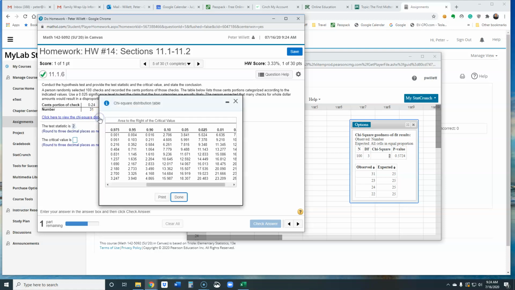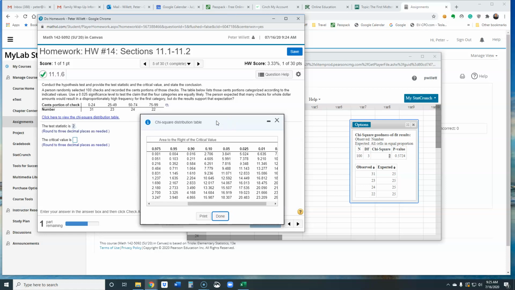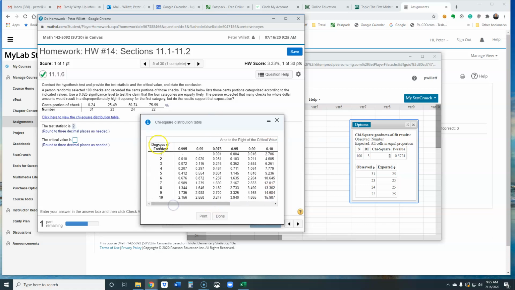So if I click on this, here's the chi-square distribution table. What we want to do is find degrees of freedom at 3, which is the third line down, and then go for the column where we have a significance level of 0.025, which will be the area to the right of this value.